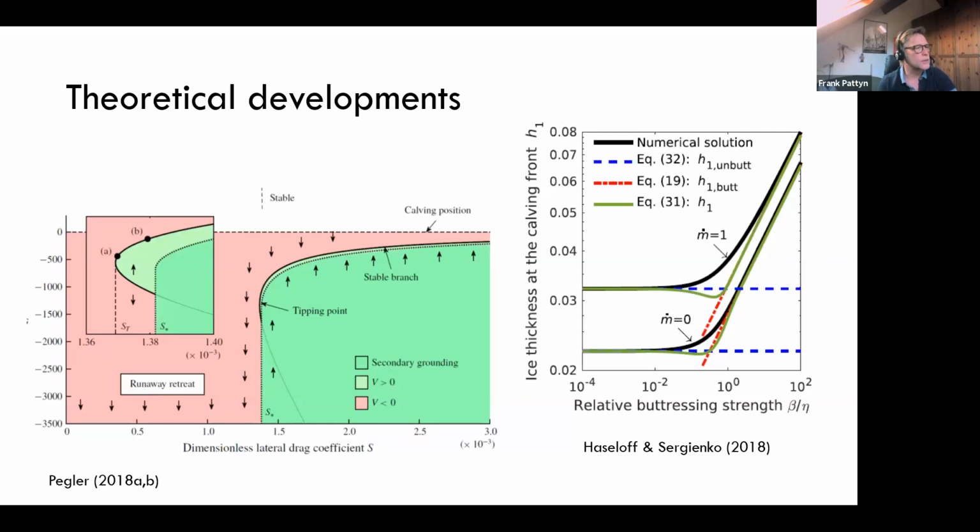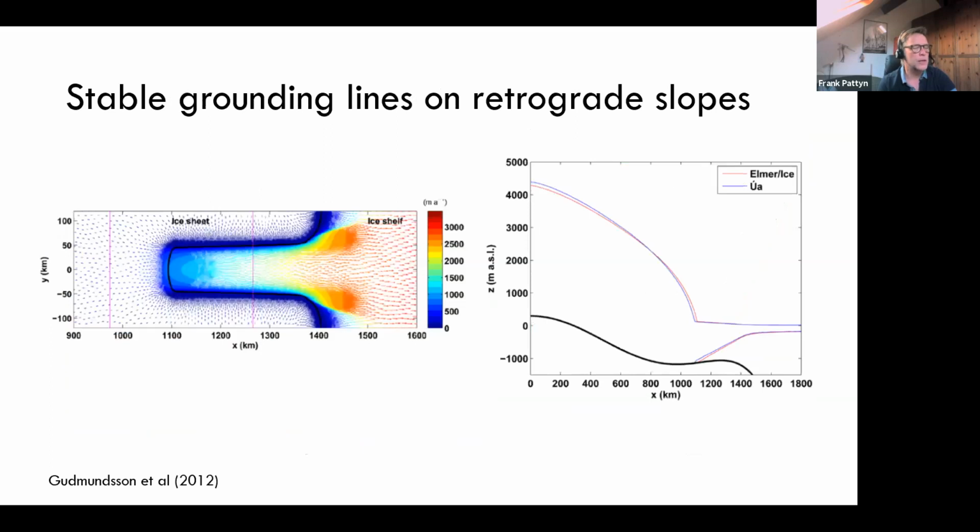One of the experiments that was done was, for instance, by Hilmar Gudmundsson, in which you take a narrow channel similar to the geometry of Pine Island Glacier, with an overdeepening and a grounding line that is situated here in this overdeepened part.